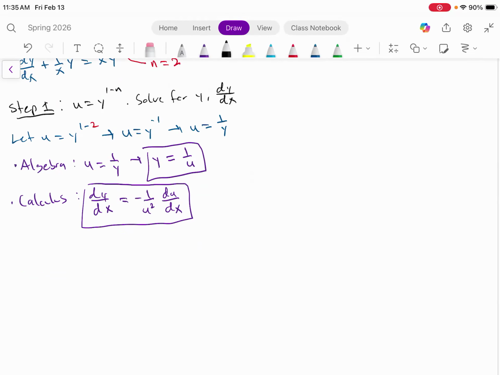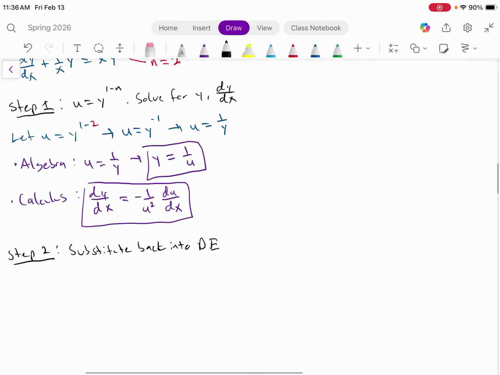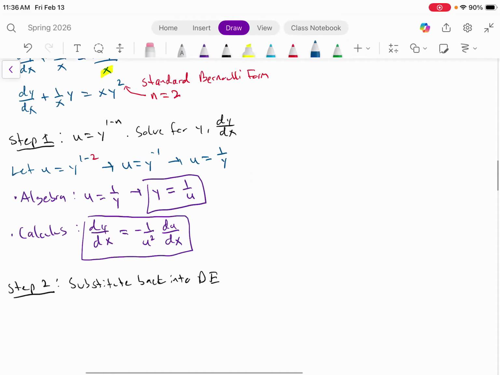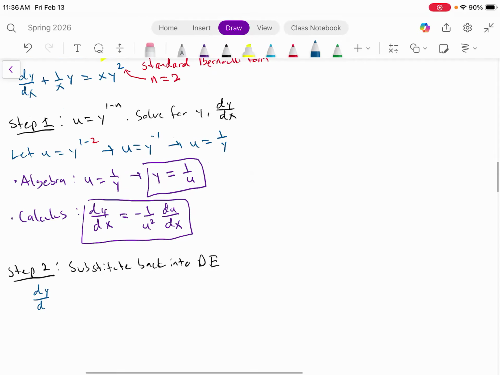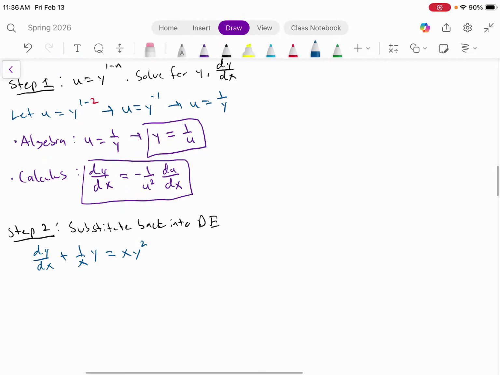So step 2, substitute back into the differential equation. So our differential equation from up above is dy over dx plus 1 over x y equals x y squared. So we're going to substitute in y and dy over dx into this differential equation.